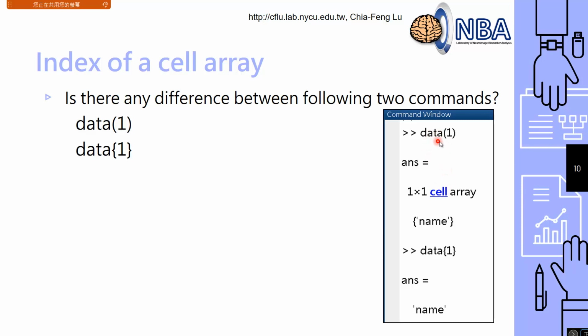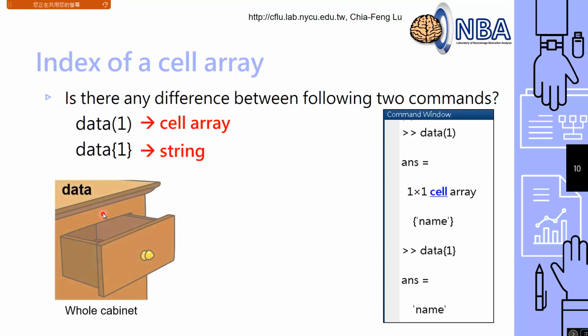If you simply use data with parentheses 1, you will see the answer is a 1 by 1 cell array. You can see the curly brackets right here. But if you use data with curly brackets 1, you will see the answer is a string. A little bit different, right? So let me give you this example. The type is different, right? So let's think about this.